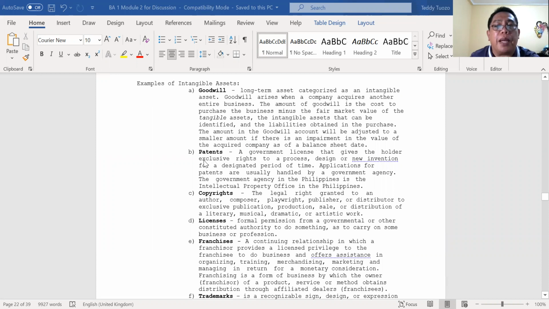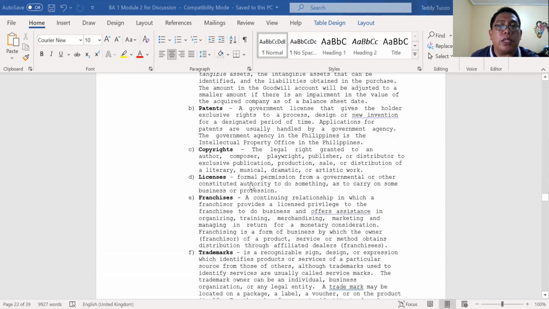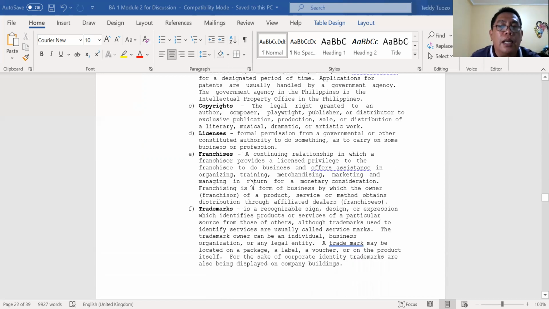This is a government license that gives the holder exclusive rights to process, design for a new invention for a designated period of time. Copyrights are the legal right granted to an author, composer, playwright, publisher, or distributor for the exclusive publication, production, sale, or distribution of a literary, musical, dramatic, or artistic work.